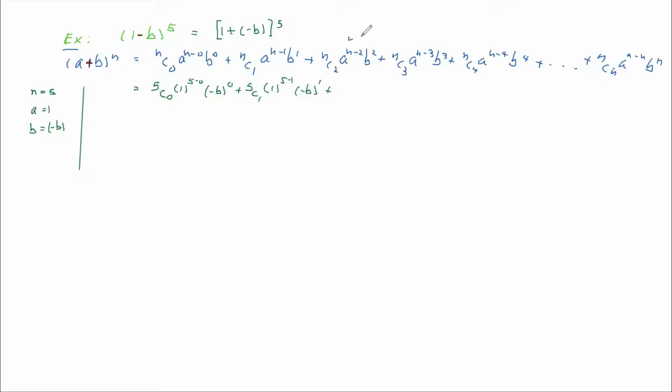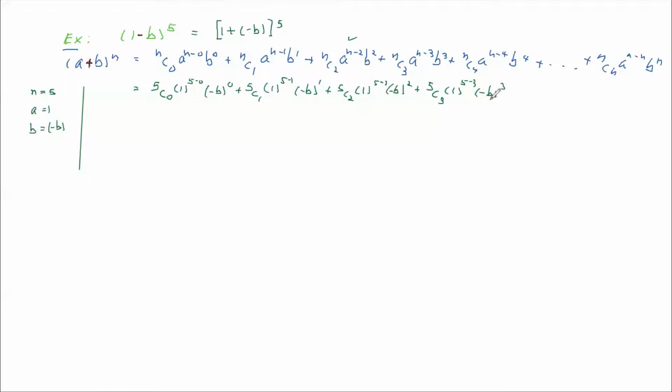Plus, now we do up to this term, so 5 C2, a is 1, so 5 minus 2, and then b is negative, to the power 2. Plus this one, now going to be 5 C3, right? So this one is going to be 1, 5 minus 3, and then minus b to the power 3.